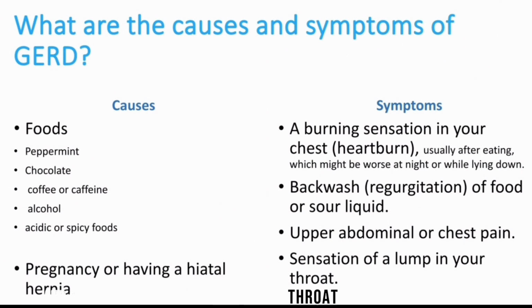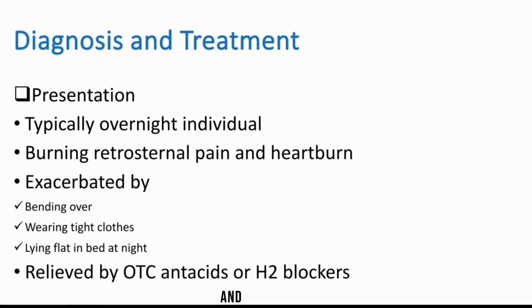lump in your throat. Now, regarding the diagnosis and the treatment, it's important that the patient has a presentation that's typically overnight, burning retrosternal pain and heartburn, and it's exacerbated by bending over, wearing tight clothes, lying flat in bed at night, and it's relieved by antacids or H2 blockers.